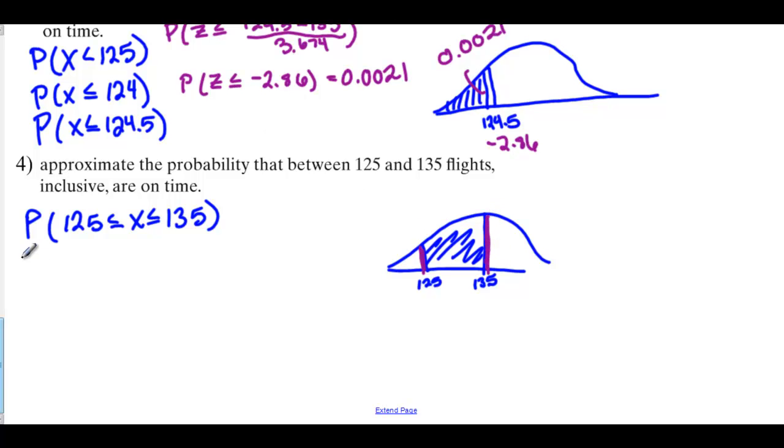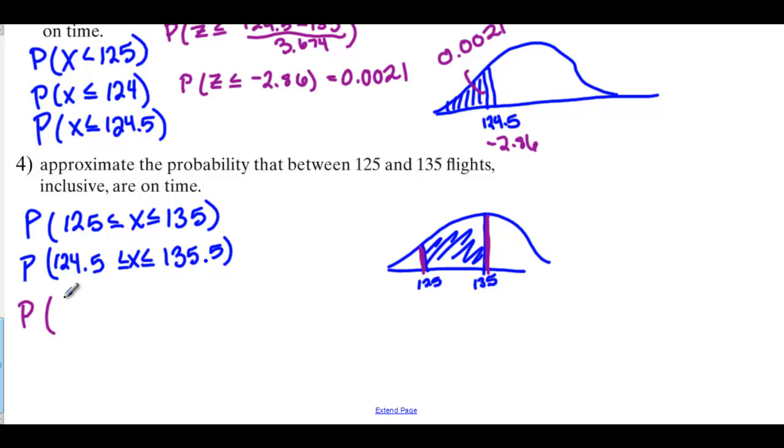So really, we're figuring out the probability that x is going to be between what and what? And? Beautiful. All right, good. But this is less useful, so we need to translate that over to z-scores.